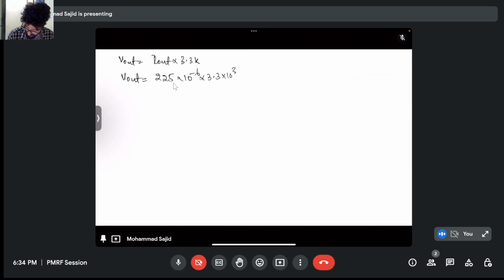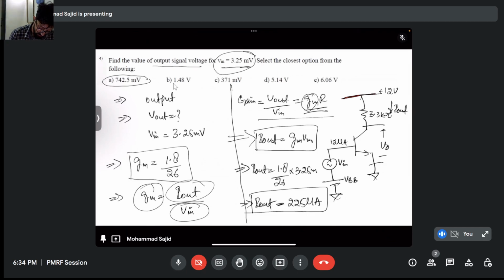Let's just calculate. It comes out to be 0.749 volt. Is there any option closest to this one? Yes, there is one option.